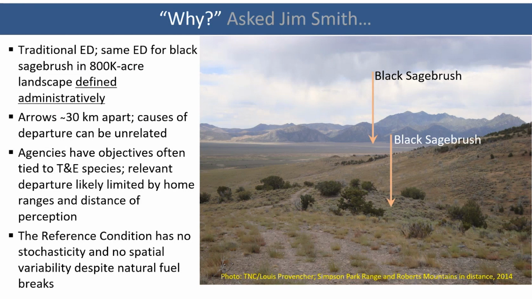Those 2 arrows will have, in the traditional ecological departure, the same exact value, 60% departed, but there's actually no rhyme or reason to that. Not only that, but the 2 subpopulations of sage grouse here are unrelated. They're distinct. So what's over there and here has no bearing on one another, yet there is one value. And that bothered the living hell out of us.